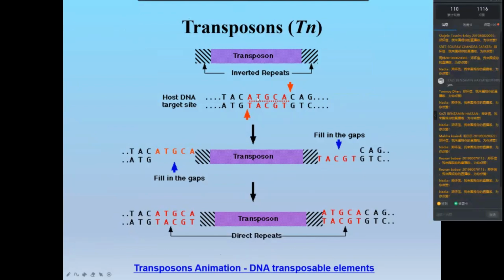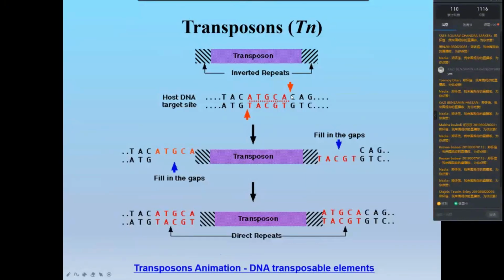It's some specific sequence, ATGCA, so that the transposon can recognize this sequence. After recognition, the transposon will cut this red part open, cut from here and here, so that it can make a nick on the DNA, open the DNA, and the transposon is inserted in the middle.